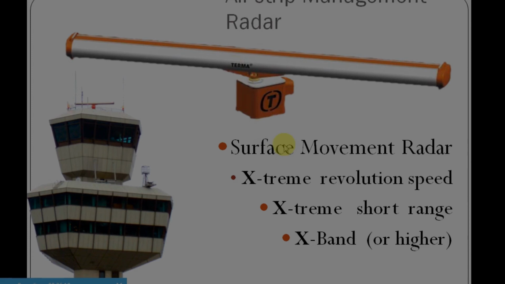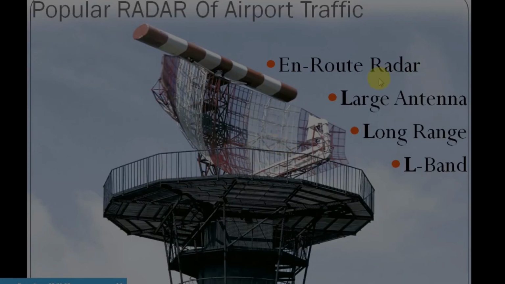Second is en route radar. The en route radar is also popular for international airports, but it has a very good capacity to locate your target at a very long range, maybe even at 200 kilometers. So they are very powerful, but they work at the L band.